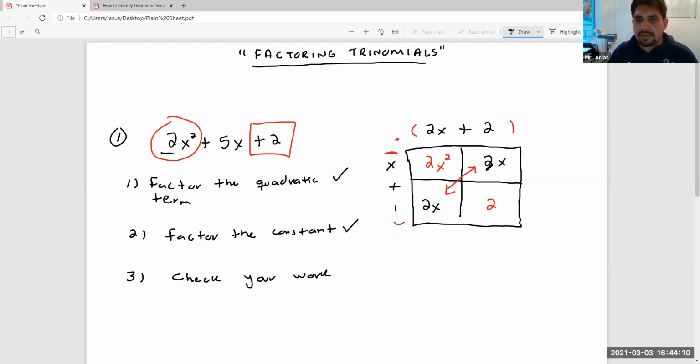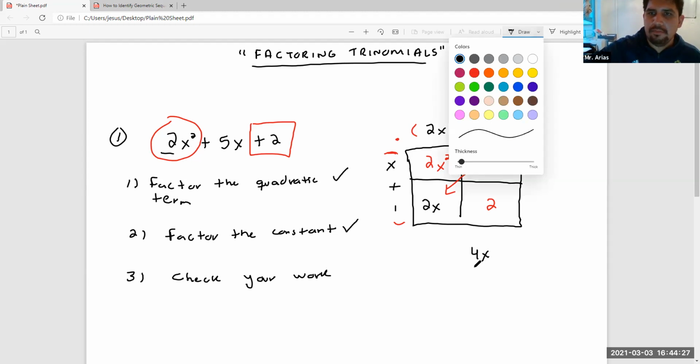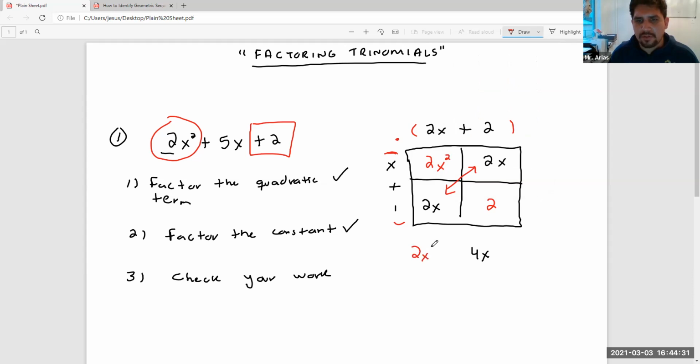And then eventually, if you notice, these two are going to be like terms. So what happens if you add 2x plus 2x? We get 4x, right? And if I take all the terms out of this box, we have the following trinomial: 2x to the power of 2, plus 4x, plus 2.